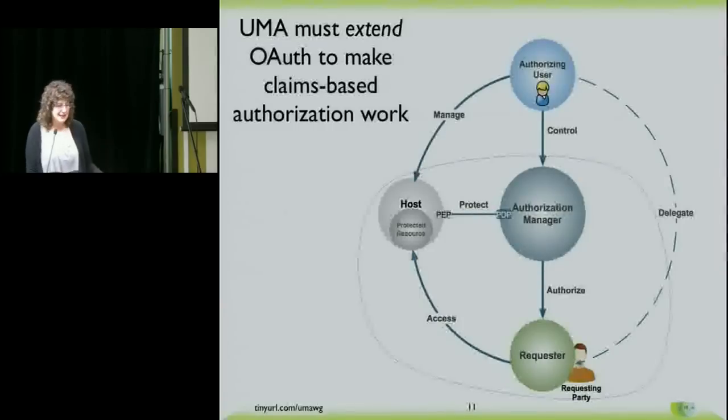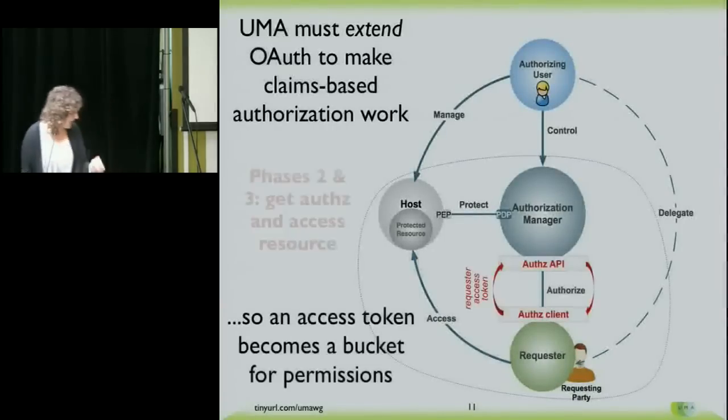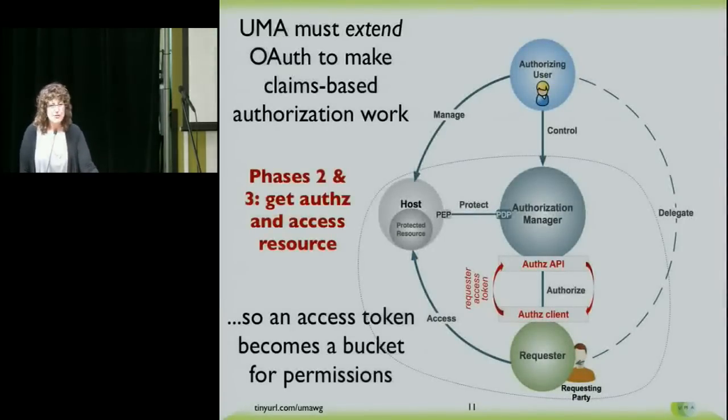So we went in a slightly different direction. What we have is more of a formalized token upgrade approach to adding permissions for some requester. If a requester is approaching some host to get access to something that Alice controls, she's got lots of stuff there that she controls, that requester can go back again and again and prove that they're suitable for access to more than just one endpoint. Maybe it's the next 1,000 photos. Okay.